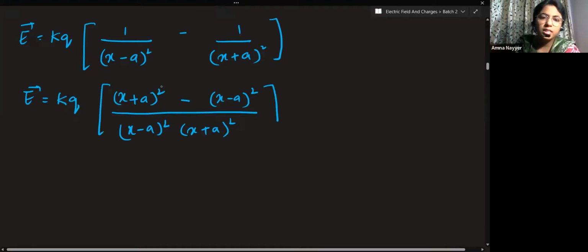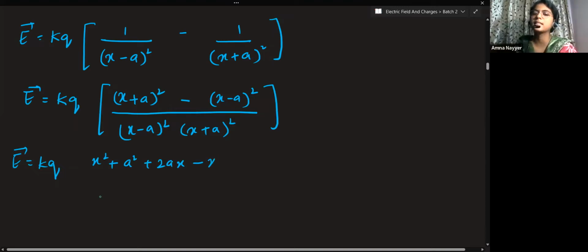Now see, it is better to open these brackets. So electric field will be KQ. Now you can easily identify these are two identities. So x square plus a square plus 2ax. Now see, this has a minus sign. So it would have been x square, but with the multiplication of the minus sign, this becomes minus x square.